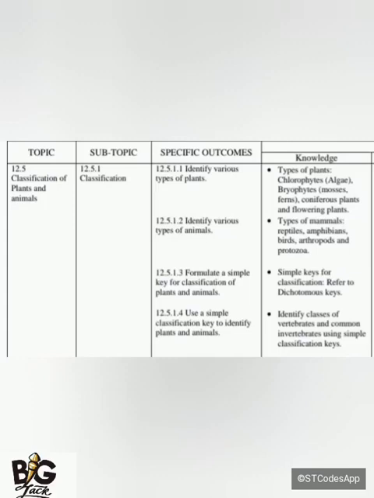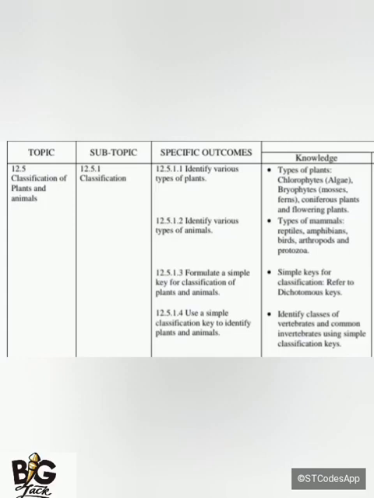In this part here, if you say reptiles, you give an example of a reptile. Apart from that, you need to formulate a simple key for classification of plants and animals. For example, if you talk of reptiles, a crocodile is a reptile. A crocodile doesn't have what?